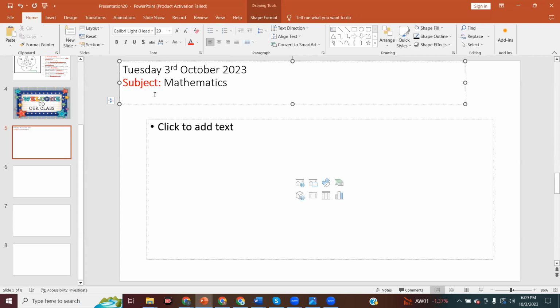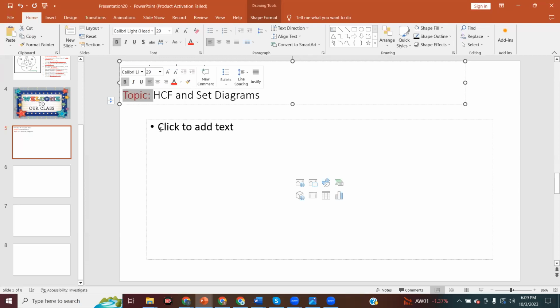So today we're going to be looking at, it's still on sets, but I want us to look at HCF and sets. So we're going to be looking at HCF and set diagrams.